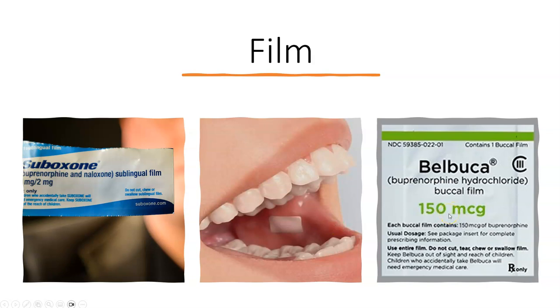These are going to come in little individual foil-based packages because they can't be exposed to moisture. We don't want them to cut, tear, chew, or swallow the film. It will often dissolve, it may or may not. Think of it kind of like an internal transdermal patch for the mouth.